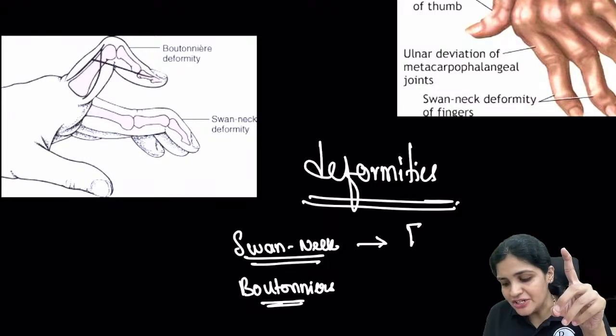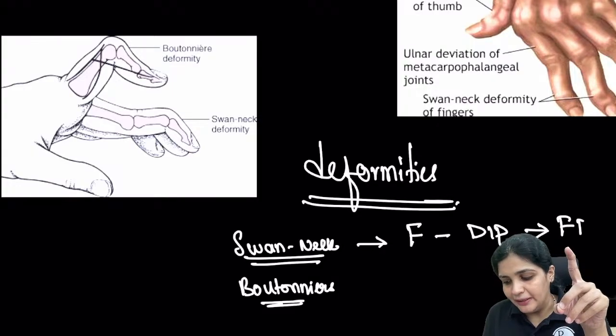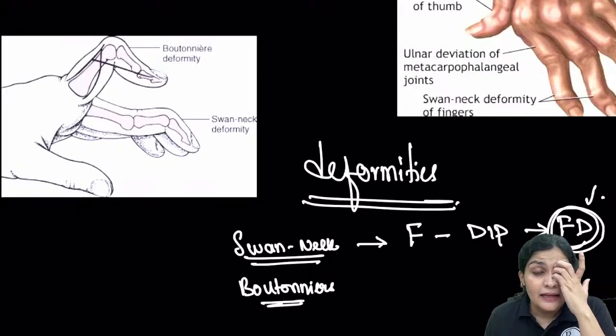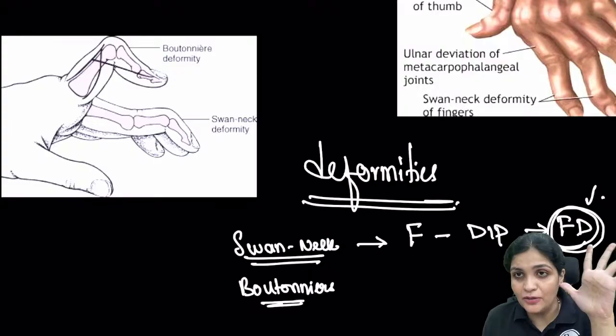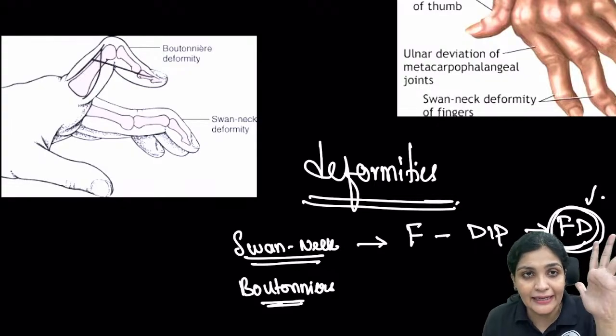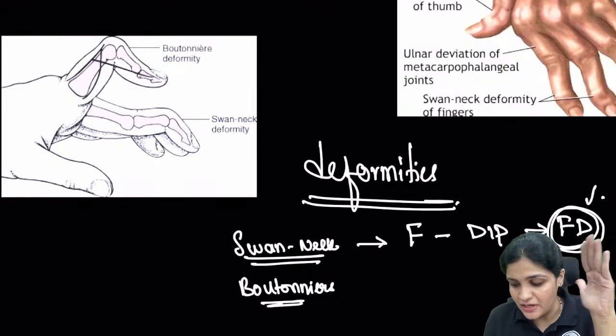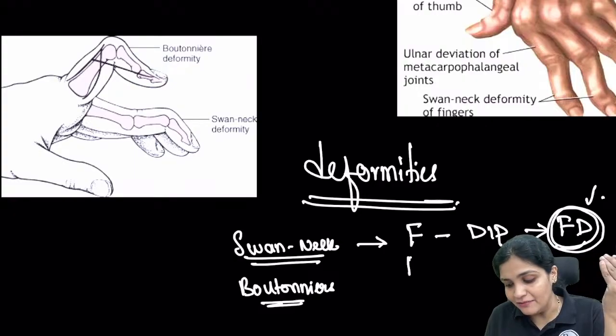So you see flexion in the DIP. Just remember FD. Fixed deposit. Right? So flexion in the DIP is your swan neck deformity. That's it. Don't get confused. Flexion in the DIP is your swan neck deformity. So whenever there's a flexion in DIP, there will be extension in the PIP. Right?